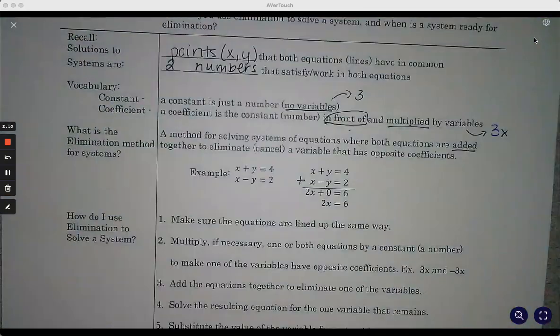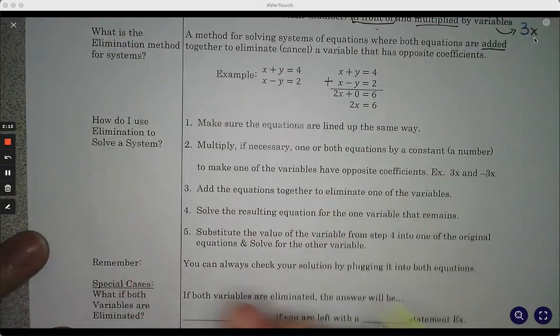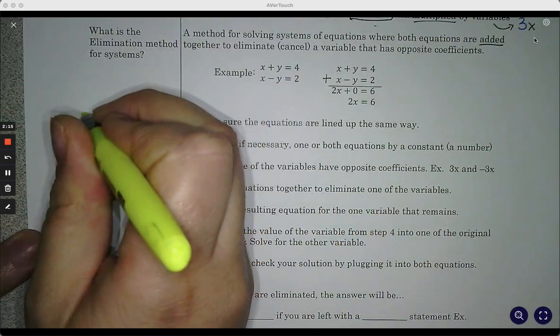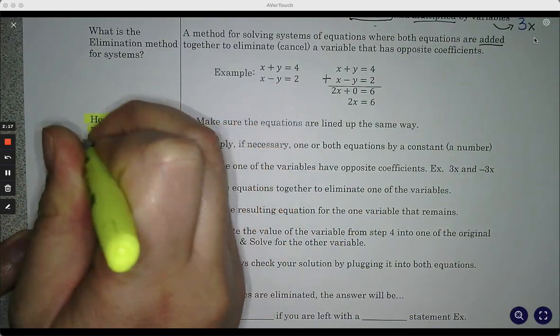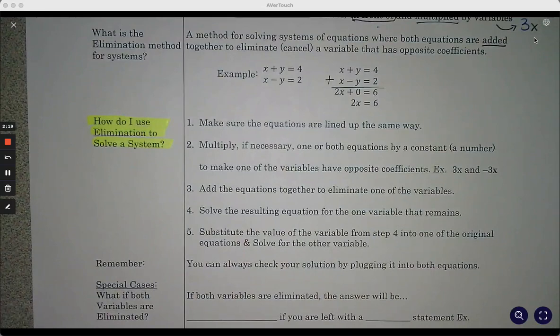Okay, so how exactly do we use elimination to solve a system? First, we need to make sure the equations are lined up the same way. So we want the x's to line up with x's. We want the y's to line up with y's.